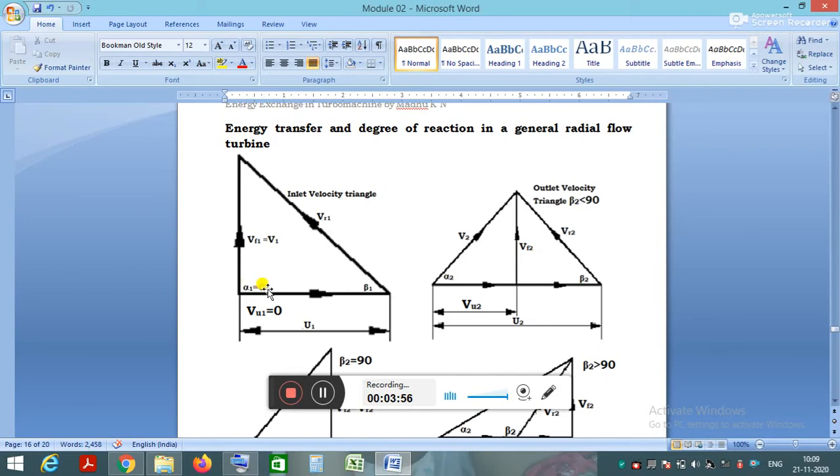Here in the diagram, alpha 1 equals 90 degrees. Since alpha 1 equals 90 degrees, V1, the inlet absolute velocity, becomes equal to the flow velocity. V1 equals Vf1.